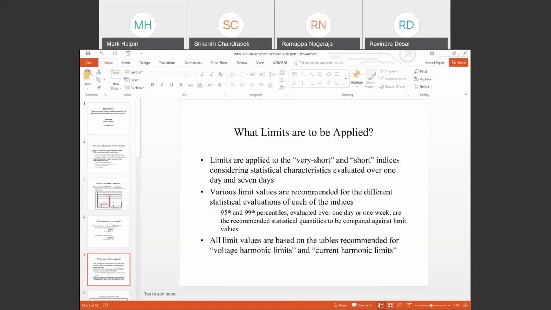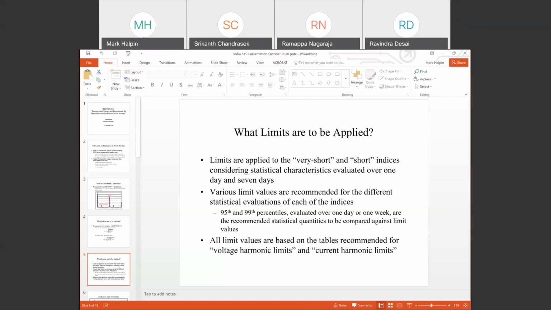Now, how do we actually propose limits? We've talked about the very short and the short indices, the 3-second and the 10-minute values. But do we simply look at one 3-second interval or one 10-minute interval?